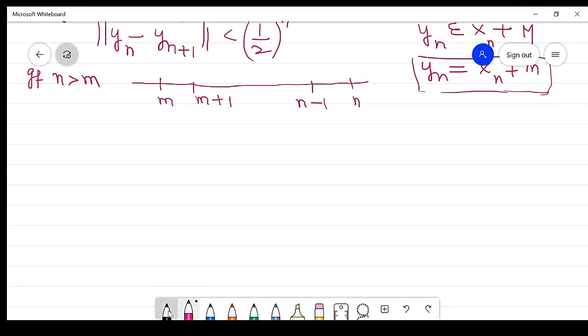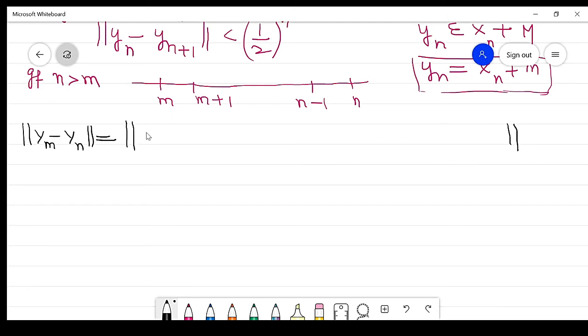So to prove the Cauchy sequence, consider ym minus yn, where the bigger index is n and the smaller is m.